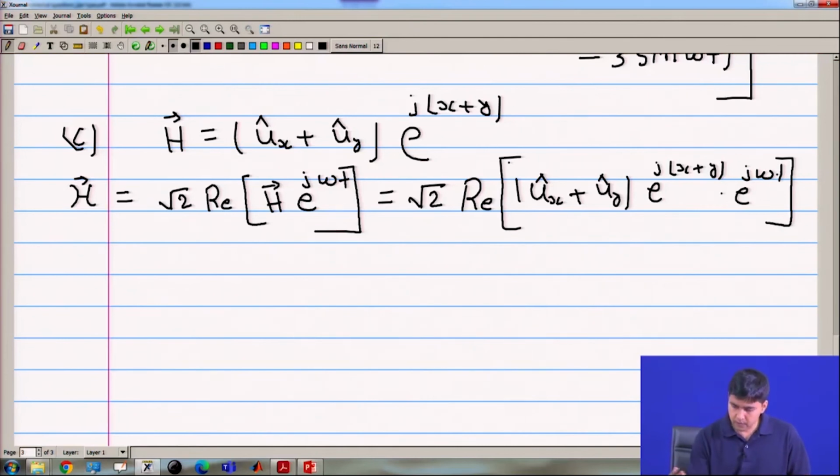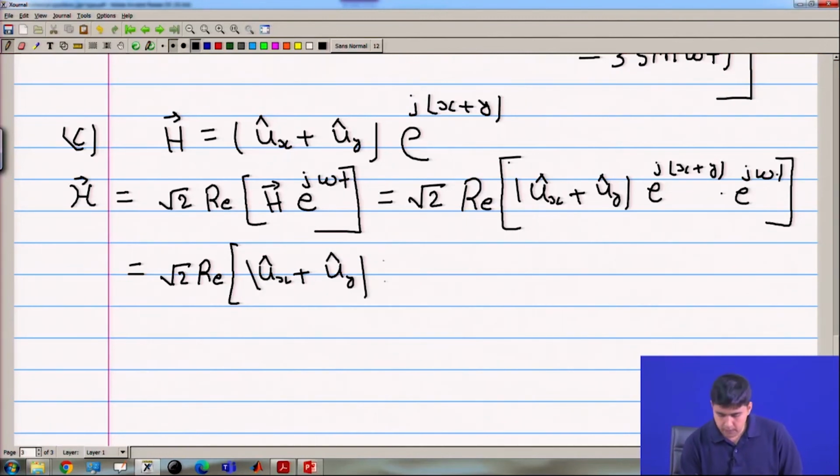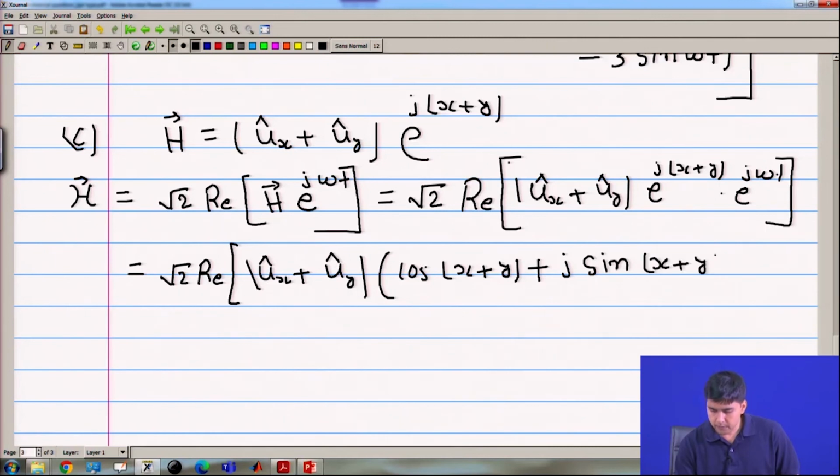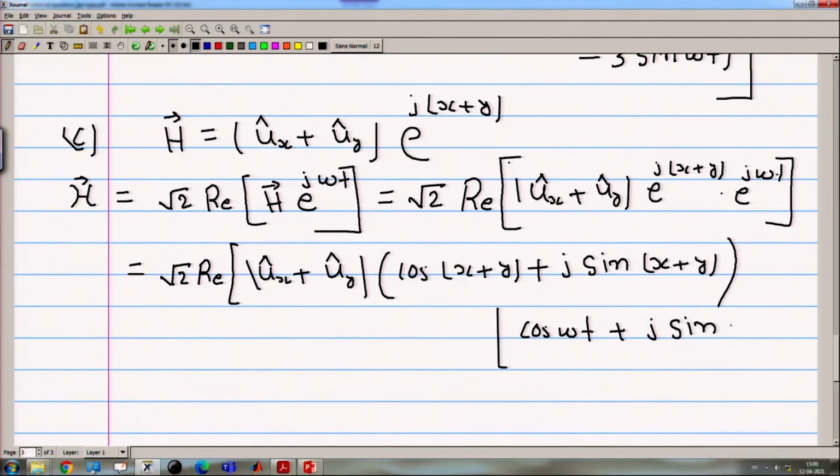So, ux plus uy, so it will be root 2 real part of, we can write this first term as ux plus uy, it will be there, and this e to the power j(x plus y) can be written as cos of (x plus y) plus j sin of (x plus y) into (cos omega t plus j sin omega t).